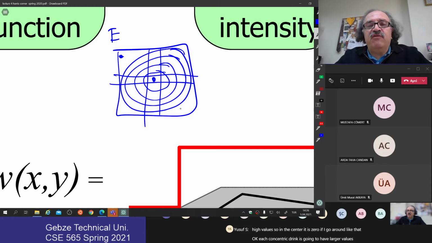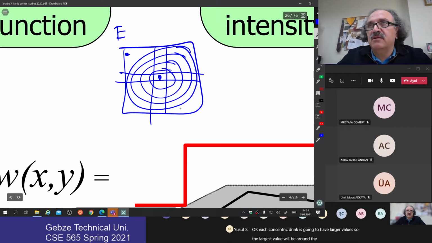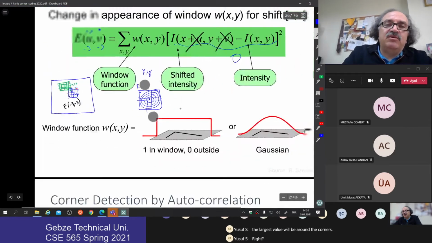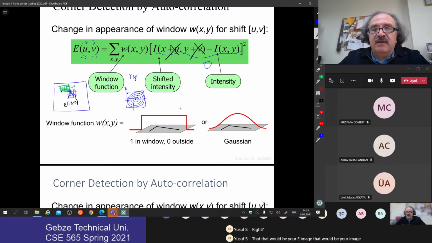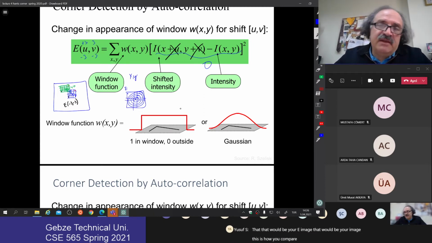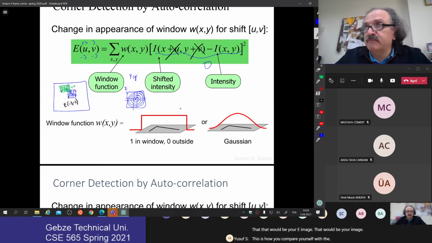So the largest value will be around the corners, right? That would be your E image. This is how you compare yourself with the neighbors.